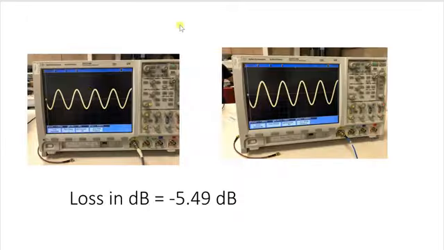Then I plugged the SMA connector into another device and measured the input and the output voltage. The input is 1.45 volts and the output voltage is 770 millivolts. So the attenuation is calculated, and it's approximately minus 5.5 dB, which is lower than 10 dB.